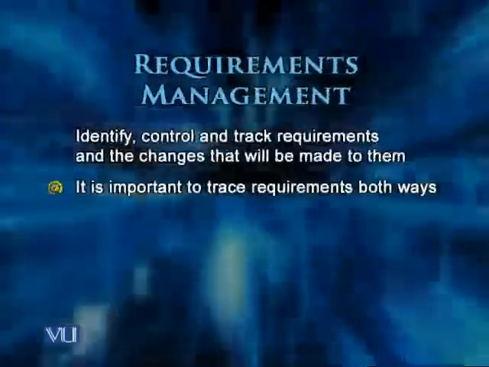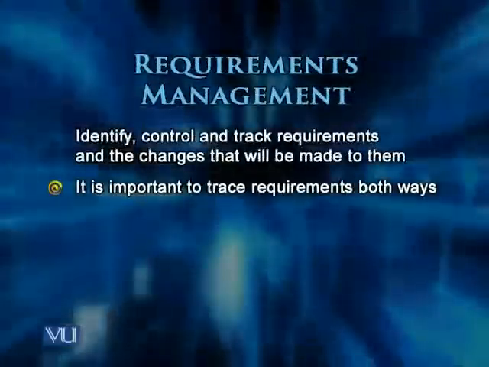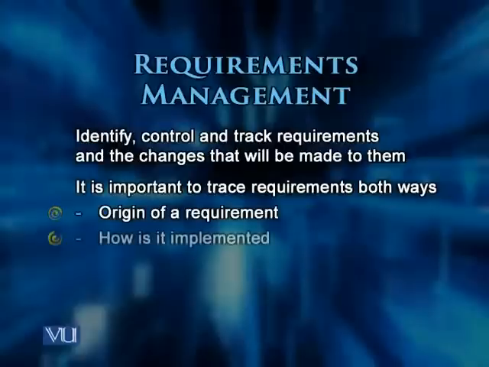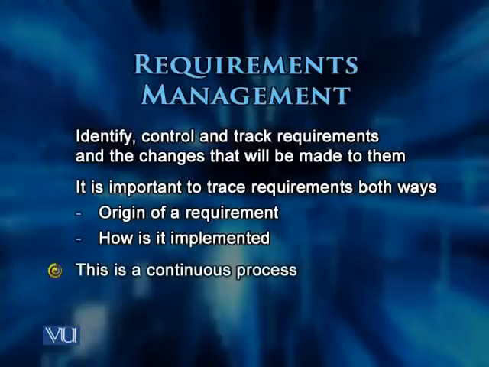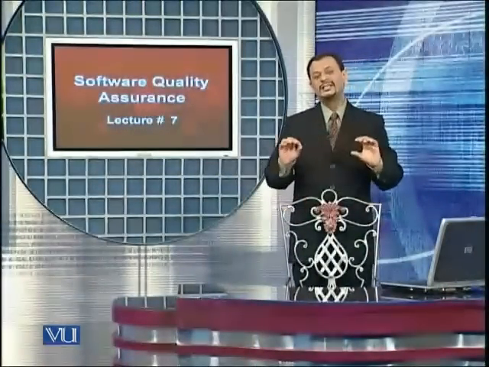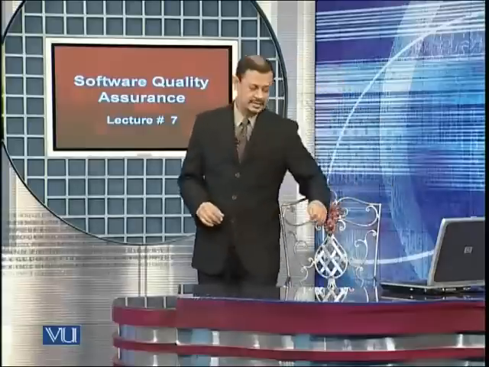It is important to trace requirements both ways, that is, from the origin of the requirement to how it is implemented. And this is a continuous process, and so that's why it cannot be shown in a sequential way within these activities that you had just seen on the screen with respect to requirement engineering activities.